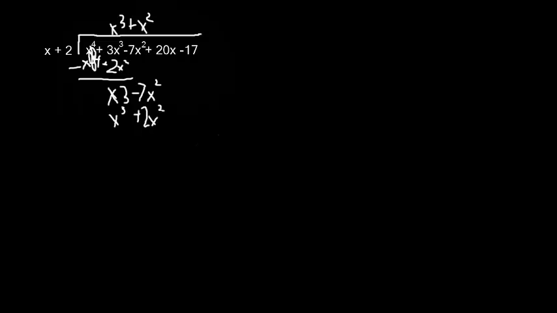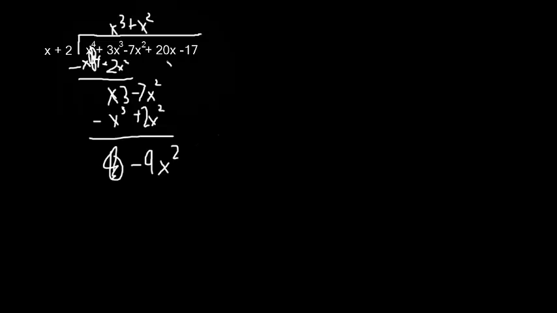Now, what I think is the hardest part is making sure you get these signs right. A real headache, if you ask me. Negative 7x squared minus 2x squared, that's negative 9x squared, and we're minus positive 2x, so that's actually minus 2x.